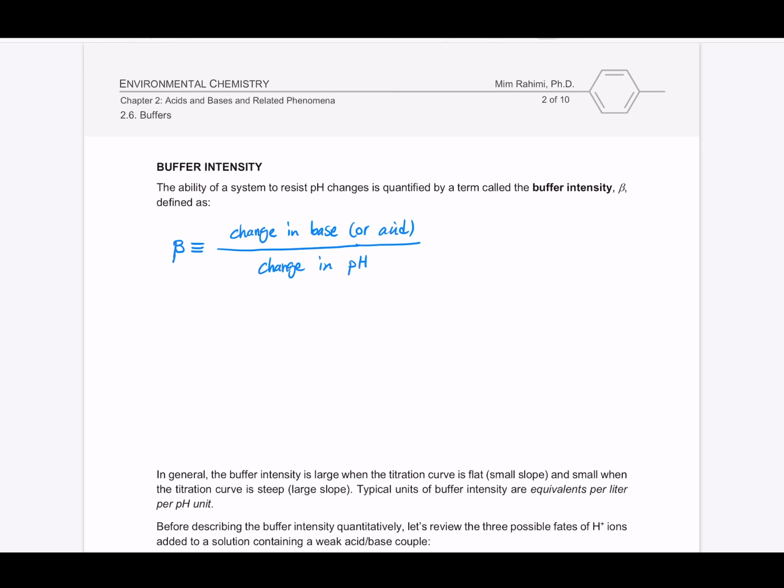So very straightforward. If I'm adding a certain amount of acid to the solution, how much would the pH change? That's basically the description of buffer intensity.